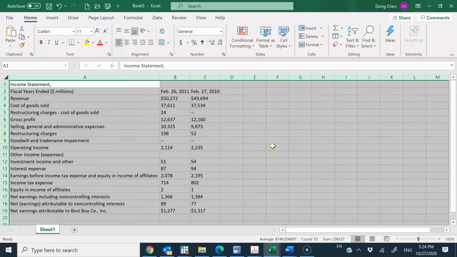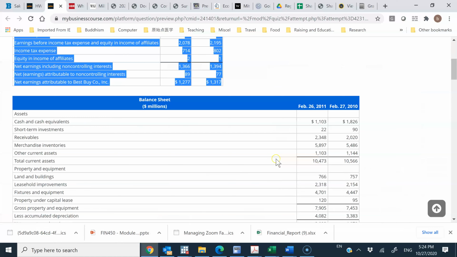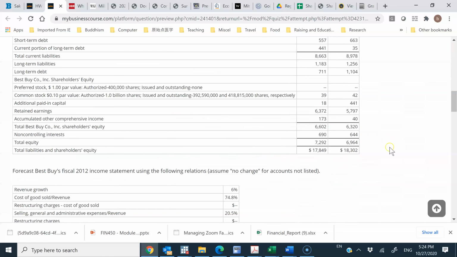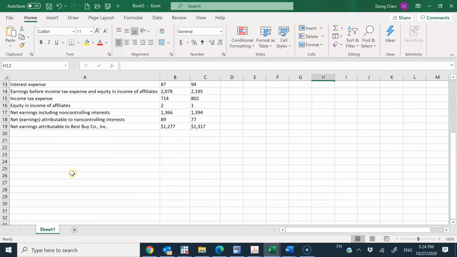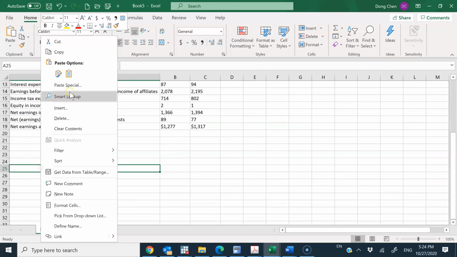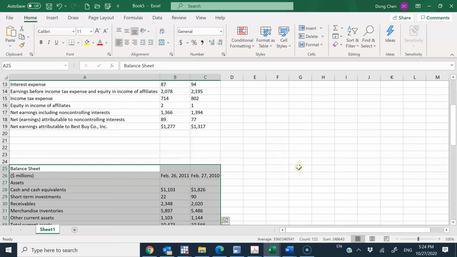We can just work on these numbers directly. And we can also do that for the balance sheet. Also copy just below it, and the reason will become clear very soon.